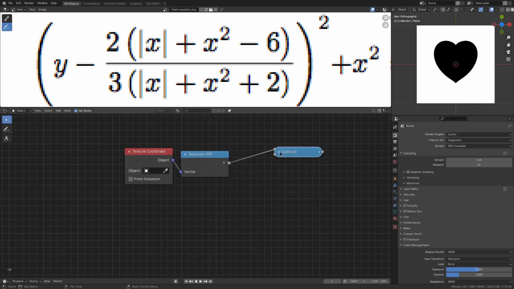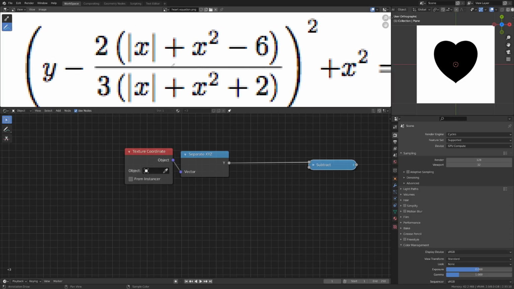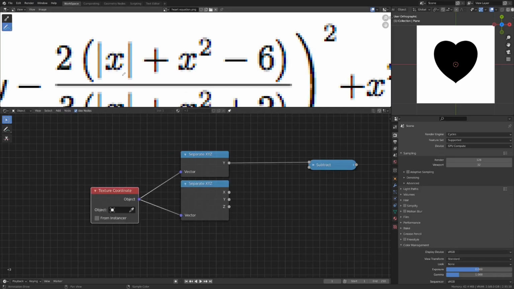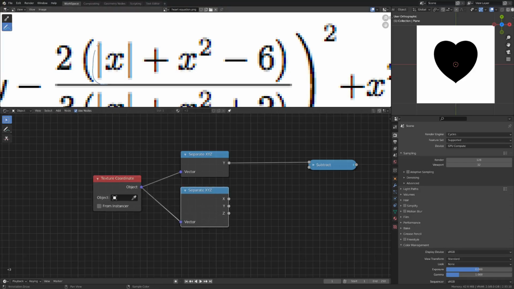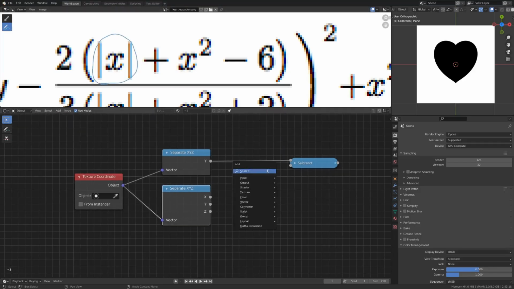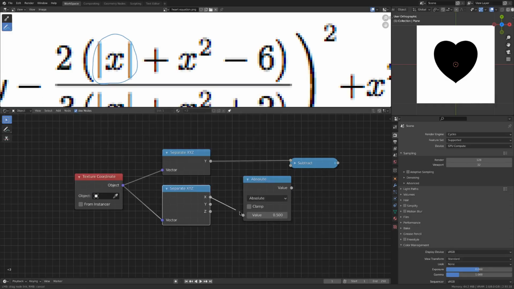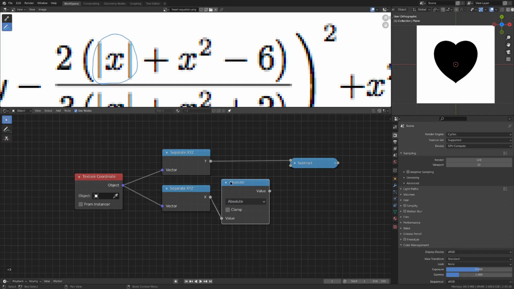So what we subtract, we are going to make this part here. We're going to separate x, y, z node again, because we need to use x, this one here, and this is absolute. In the math node, we have an absolute node here, and we made it.